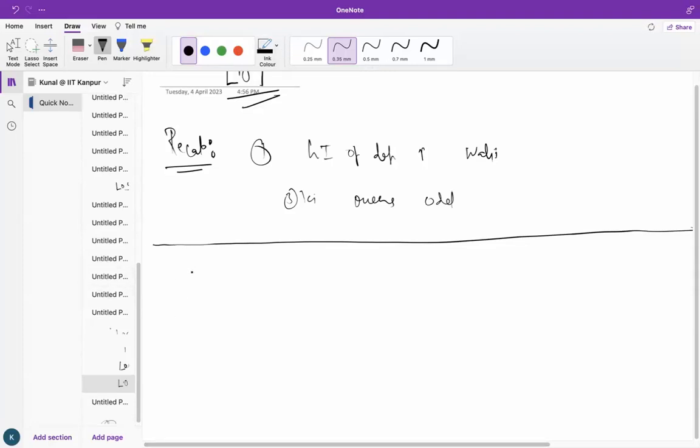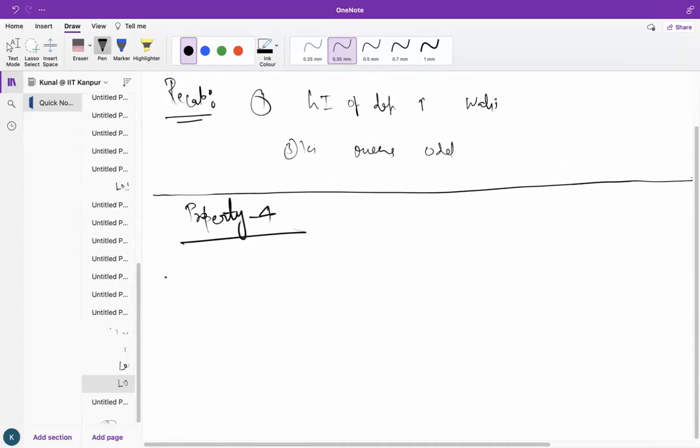So let me rewrite the properties that we learned in the last class, and also their proofs. These are the 4 properties. Our first property, which we proved, has a condition that f(x) must be a periodic function.